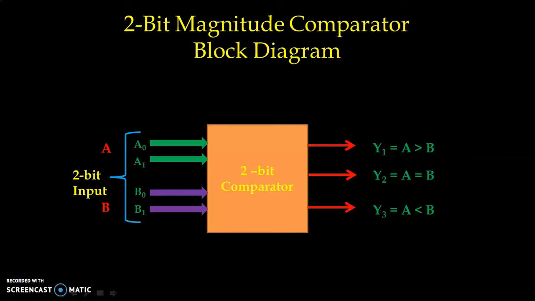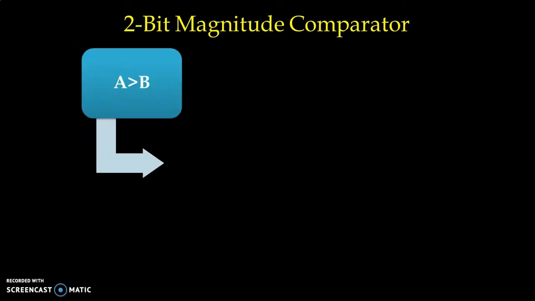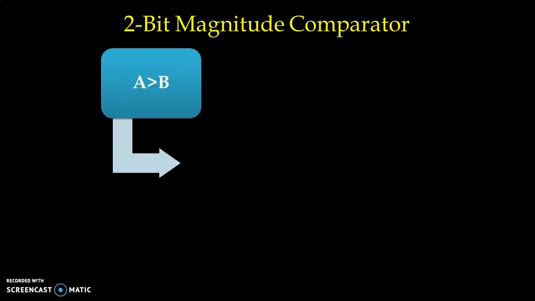Based on this block diagram, now let us check the condition for Y1 as well as Y2 as well as Y3. We have 3 different outputs. First condition, A is greater than B. In this condition, output Y1 will be 1. In all other conditions, Y1 will be 0.